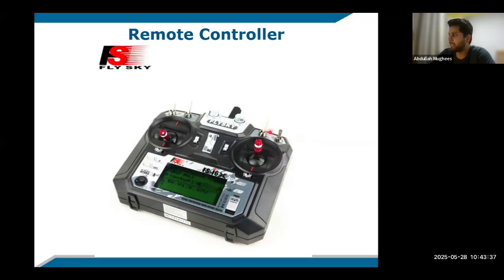Basically these two joysticks are for the navigation part, and the rest are for performing the extra actions. So this is the remote controller that the user has in his hand, and that's pretty much it about the basic introduction to the DIY do-it-yourself drone making process.